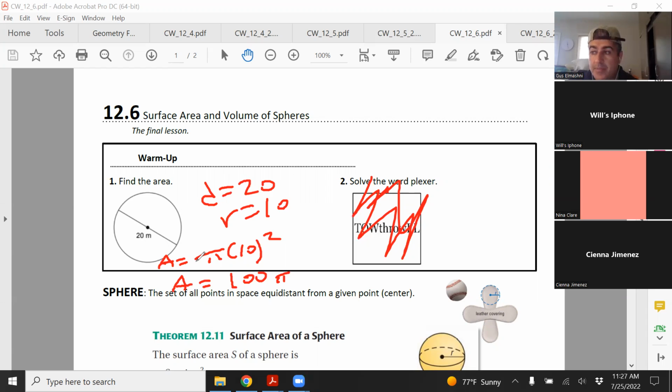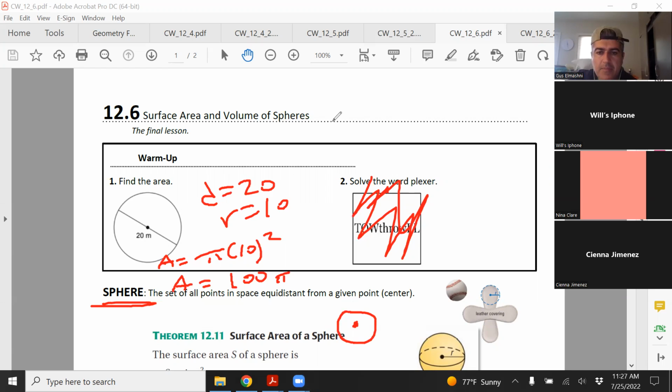So let's talk about a sphere. What is a sphere? A sphere is a set of all points in space equidistant from a given point. So if you have a given point and draw a circle, that'll be in 2 dimensions, or on a plane.